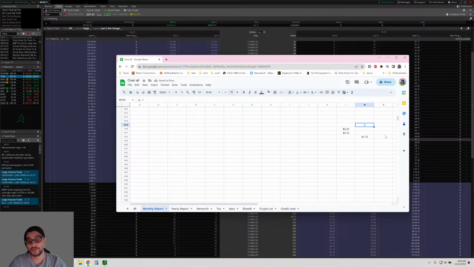Now, when you buy an option, it's the 2.24. That's what it would be per unit. And every option contract is 100. So boom, there you go. We could even do a quick calculation saying this times this. That's what the option would have cost. And then we can do what the option would sell for.